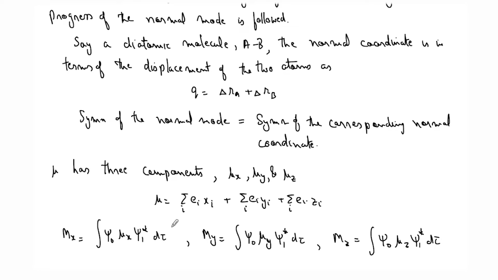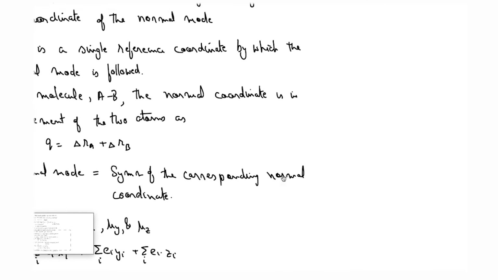Now if any of these three is non-zero, then the overall M will be non-zero, and thus the transition moment integral will be non-zero. That means the transition will be allowed, right? So you need to find out all three, and if any of these three survives, then you have an allowed transition.